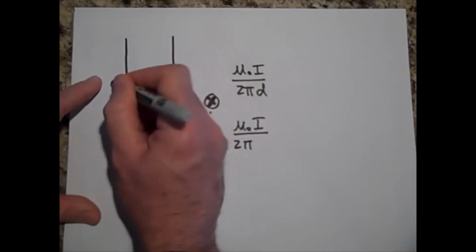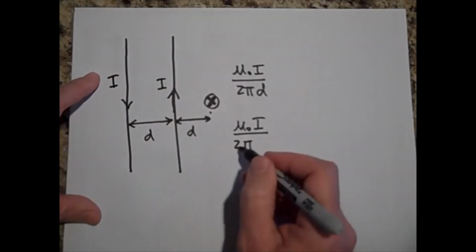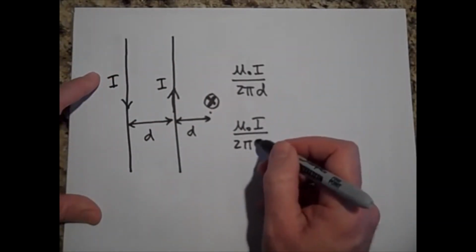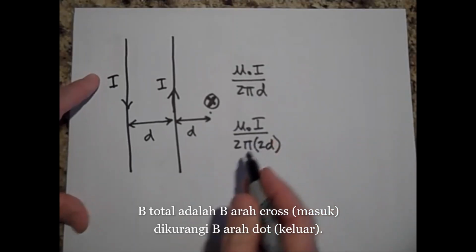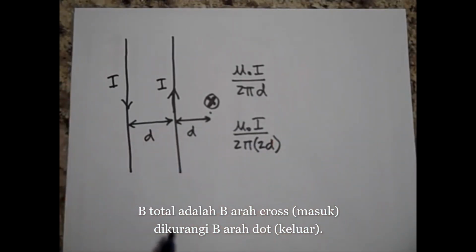I'm assuming they have the same current. So it's half. This is half the field. And so they're not going to cancel out.